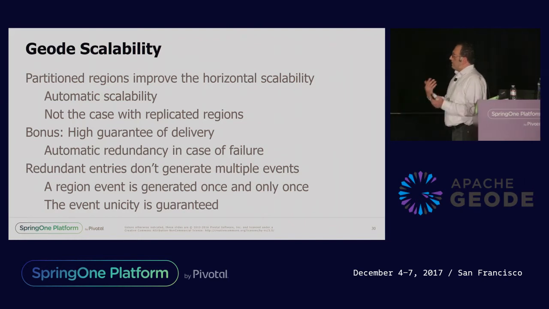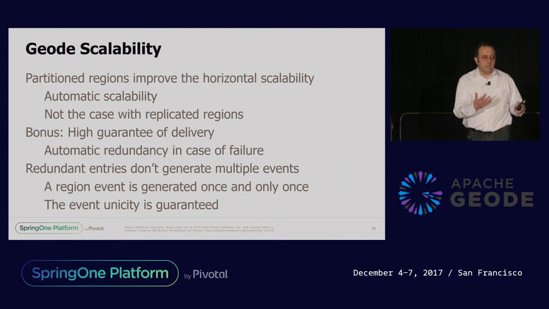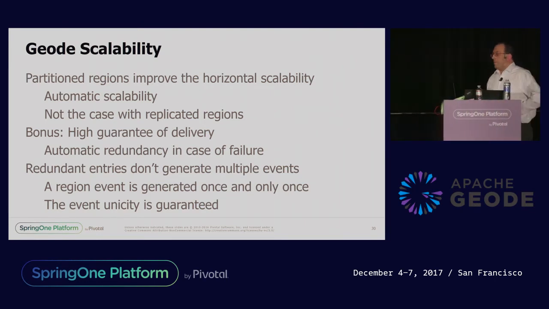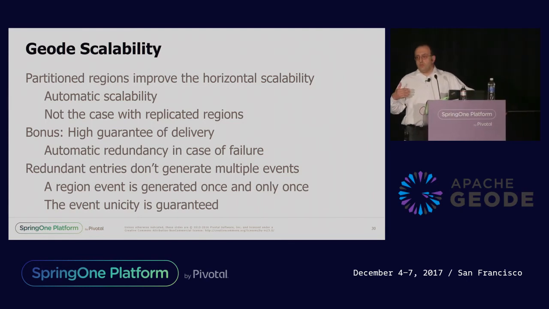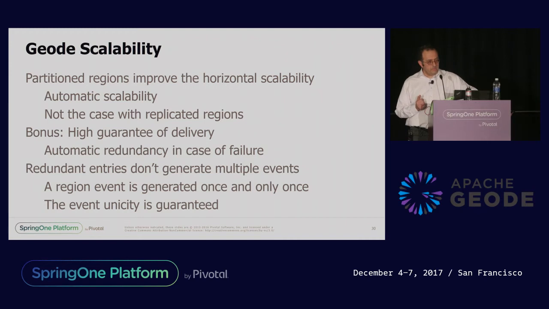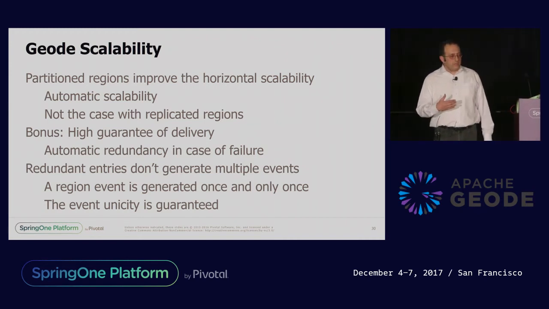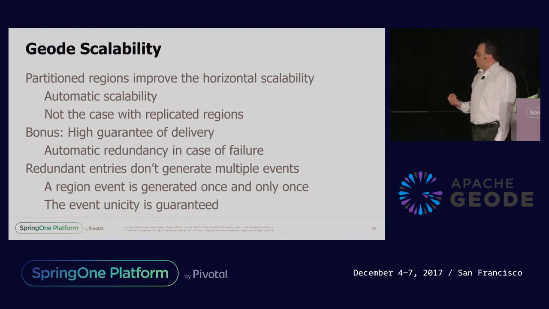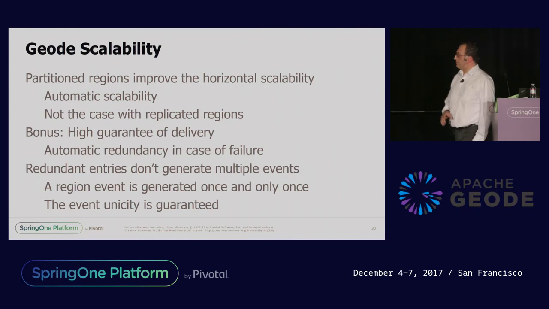So partitioned region improves the horizontal scalability. The scalability is mainly automatic. We have a bonus also, because if you use partitioned regions, you duplicate your entries. But duplicating an entry does not mean you duplicate an event. Geode guarantees that the event is generated once and only once.